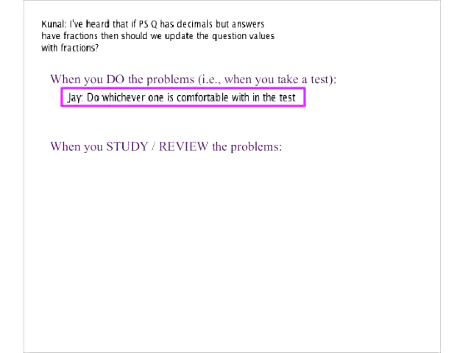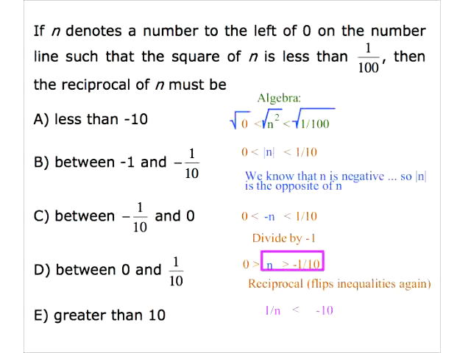So, if you like decimals better, then do decimals. If you like fractions better, then do fractions. Everything we did here, you could also do with decimals. If I wanted to make that 0.01, that works. That's still 0.1, that's 0.1, that's -0.1.